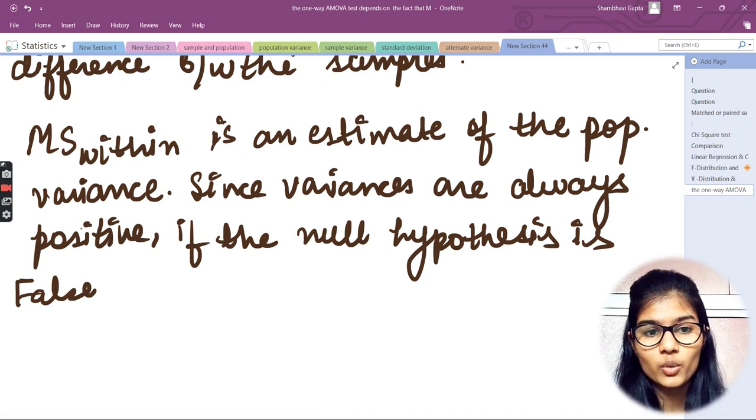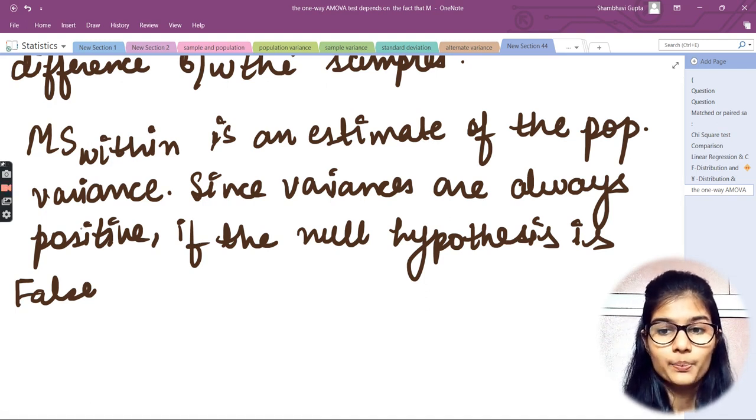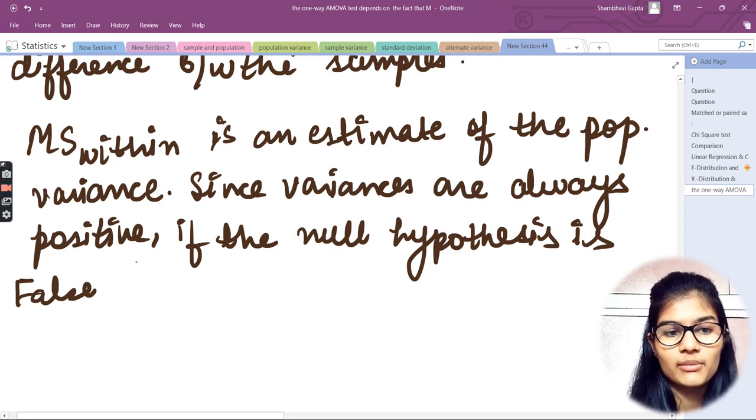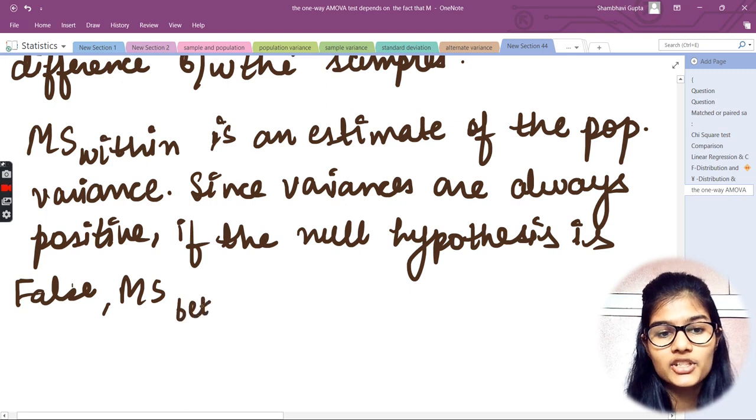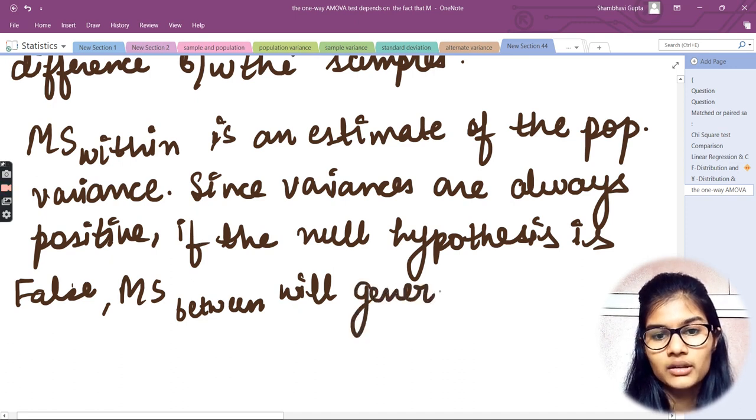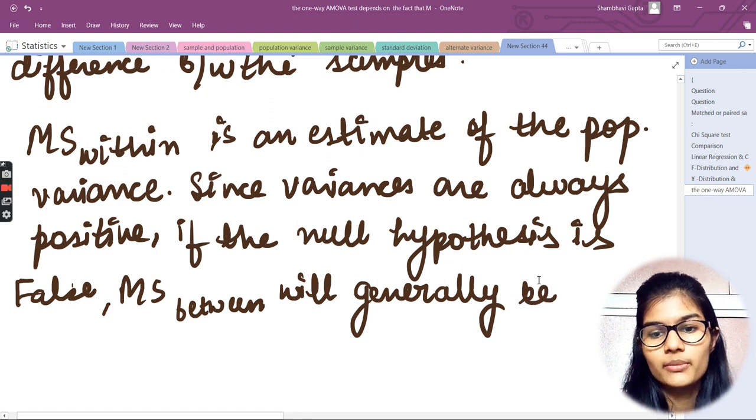So since variances are always positive, if the null hypothesis is false, in that case MS between will generally be larger. Let me come down.